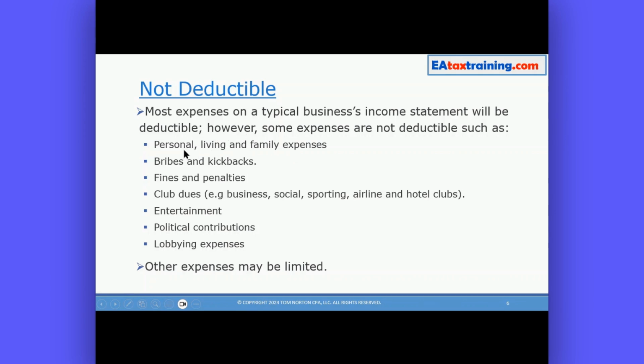This is the one that is going to make the biggest headlines in the news: people trying to deduct personal living and family expenses. Every once in a while, some so-called tax advisor or tax preparer goes around selling their services for large fees to teach you, as a taxpayer, how to deduct your personal living and family expenses.